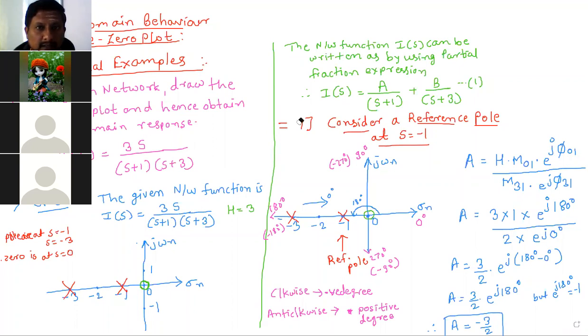So here we can start with considering a reference pole at S is equal to -3.